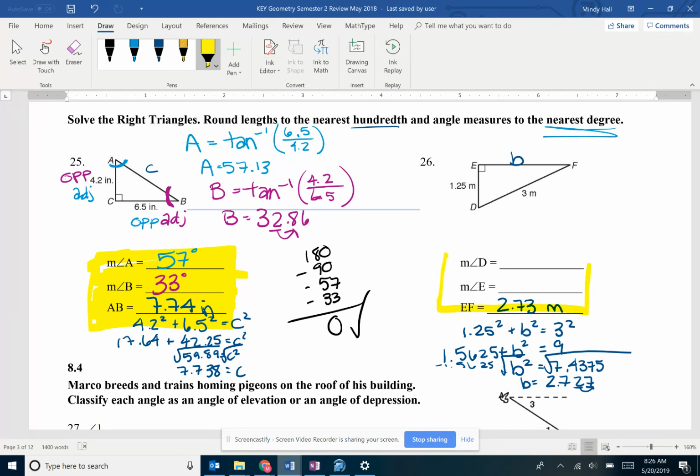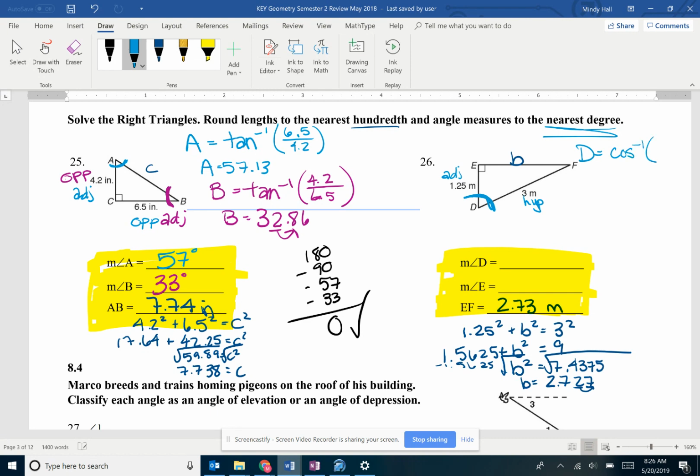Okay. So then to find angle D and angle E, we're going to use inverse trig. So if we want to find angle D, it'd be right here. I have my adjacent and my hypotenuse. So because I have adjacent and hypotenuse, I know I can use cosine. But because I'm looking for the angle, I'm going to use inverse cosine.